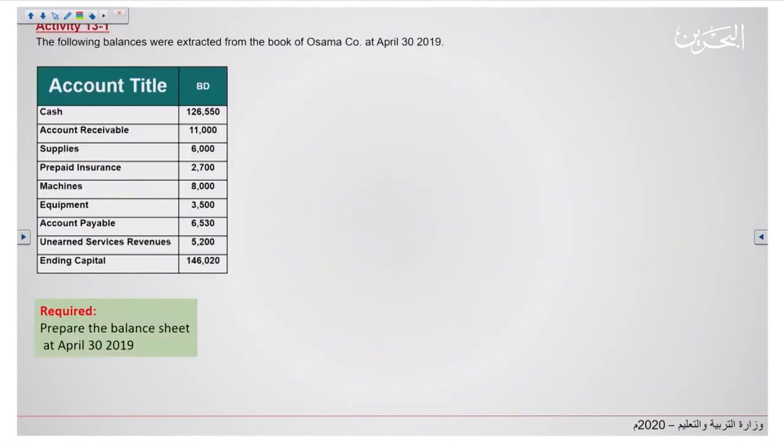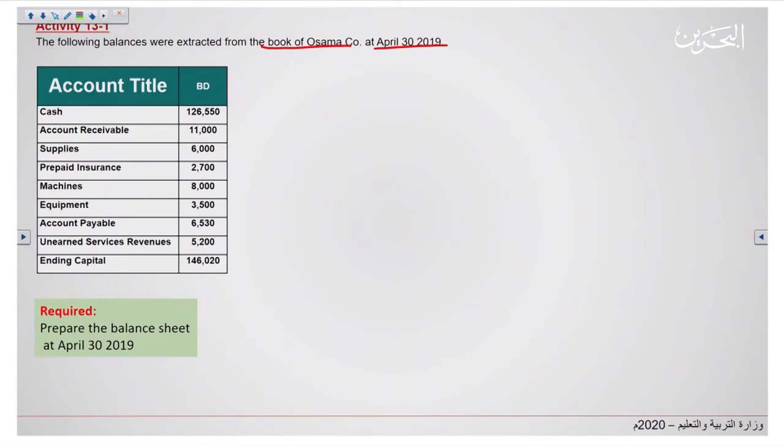Moving to activity number 1, which is the first activity here, we have the following balances that were extracted from the books of Osama. This is the name of the company, and these balances were extracted on April 13th, 2019.